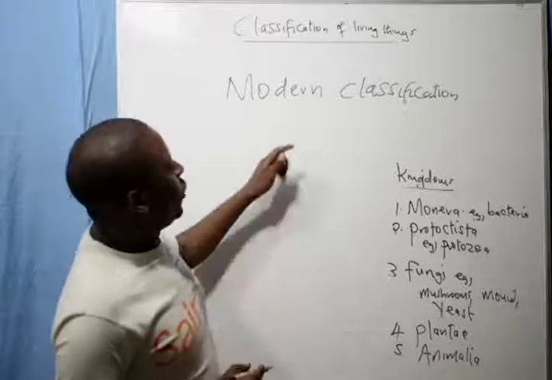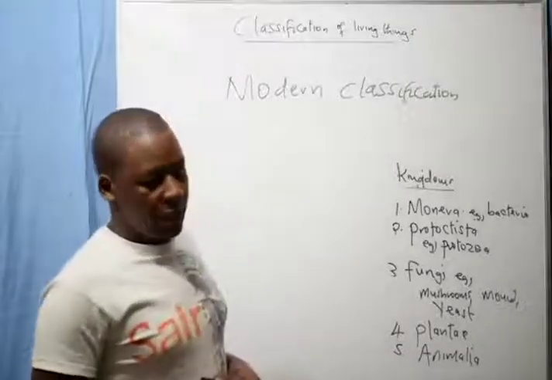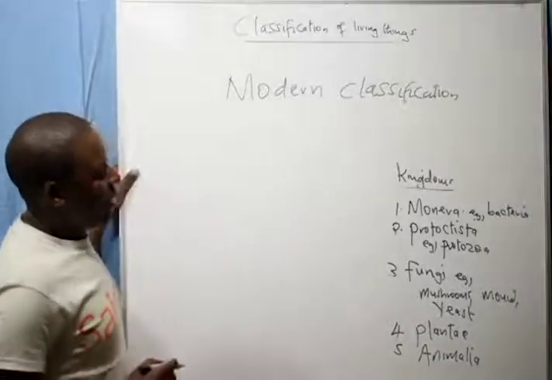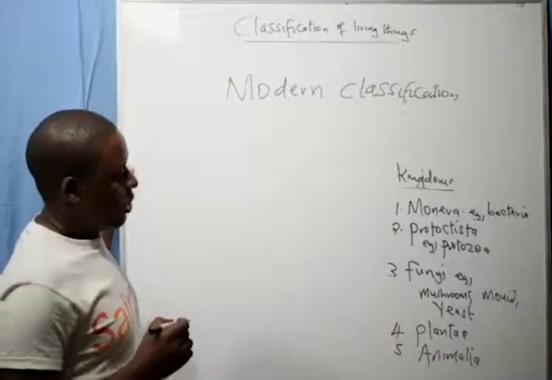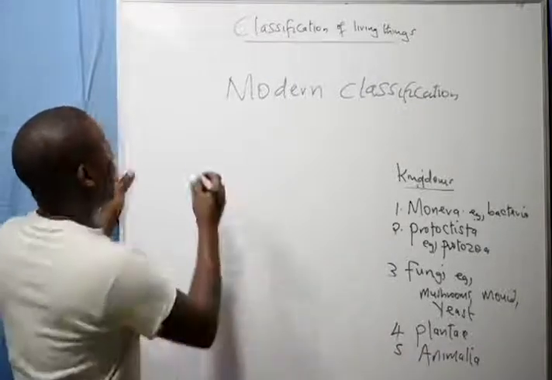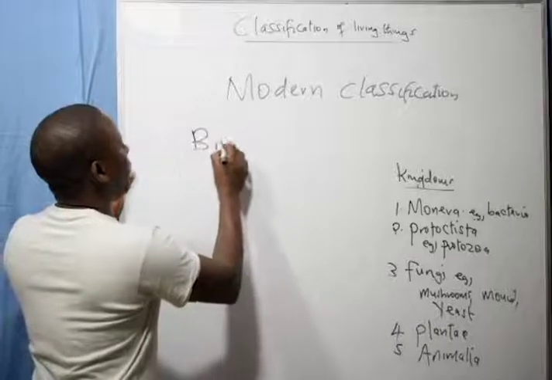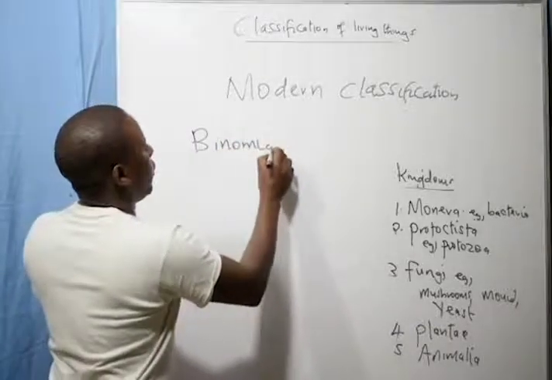Now, in modern classification, organisms are given names using a certain system known as binomial nomenclature.